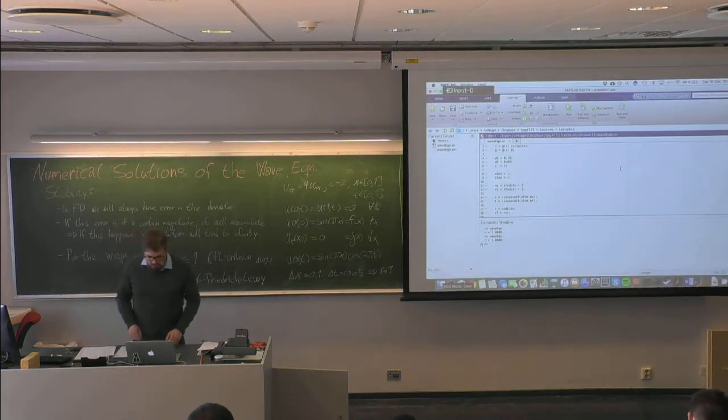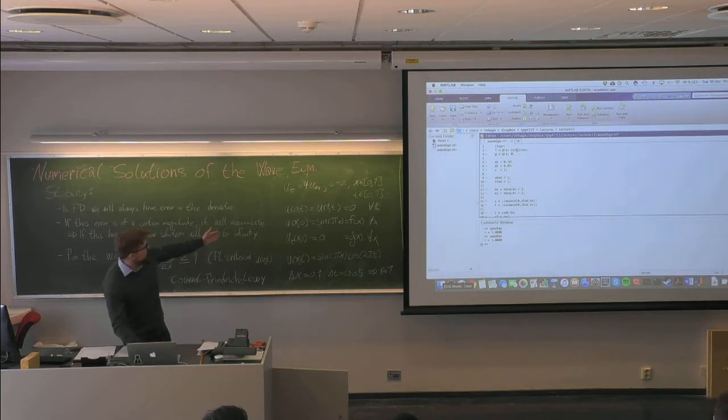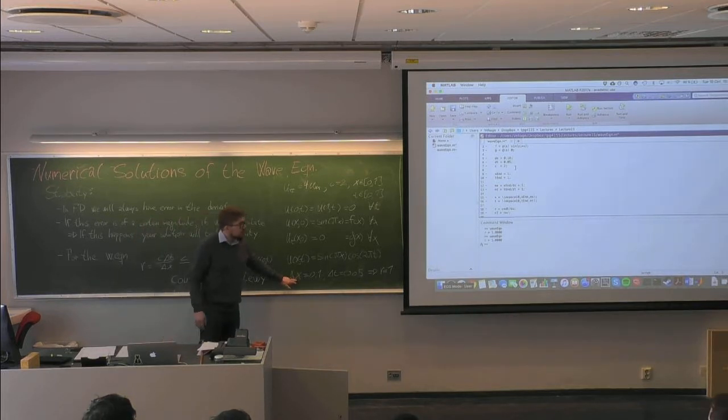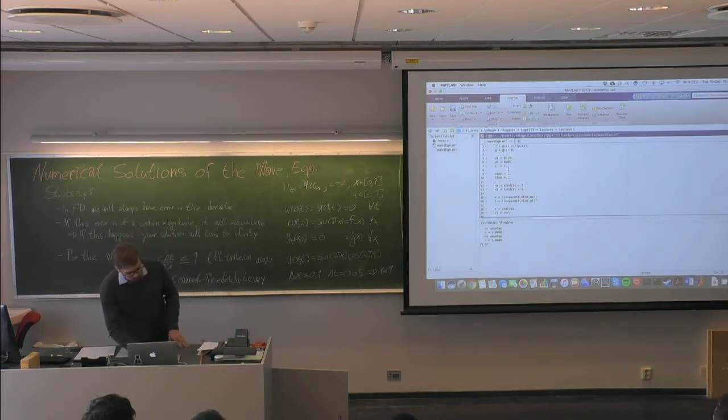So first, just briefly explain what I'm doing, because we should have it clear. So this is my f, the same as on the blackboard. G is just 0. You can't use Greek letters, so I'm going to call it dx is 0.1, dt 0.05, and c is 2.